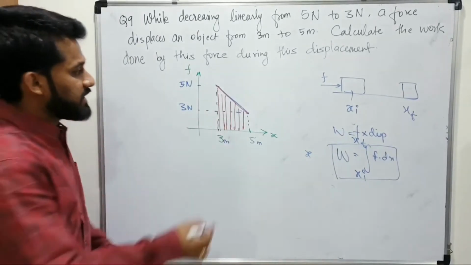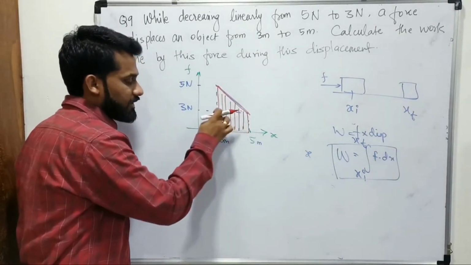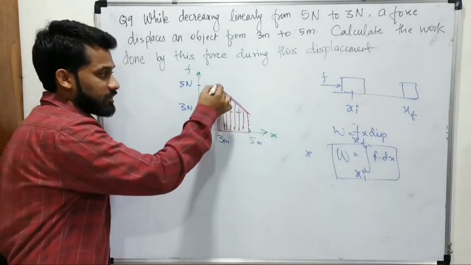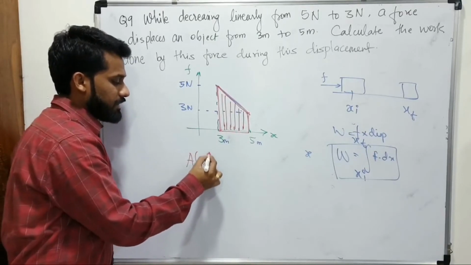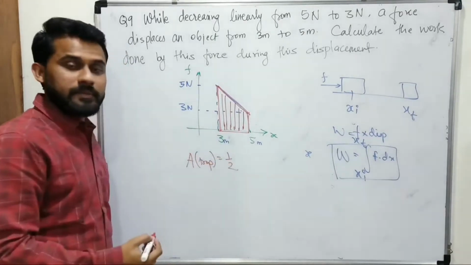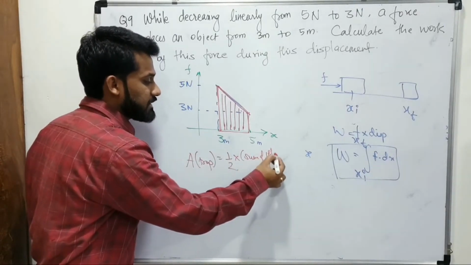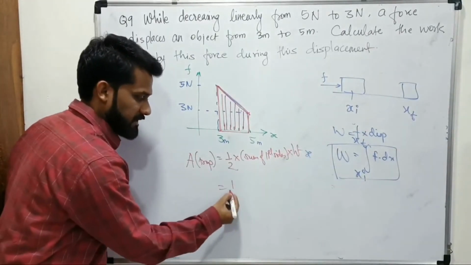How to calculate the shaded area? It is basically the sum of a rectangle and a triangle, or else I can treat it as a trapezium because these two sides are parallel, and area of trapezium is equal to half into sum of parallel sides into height. So half is half.